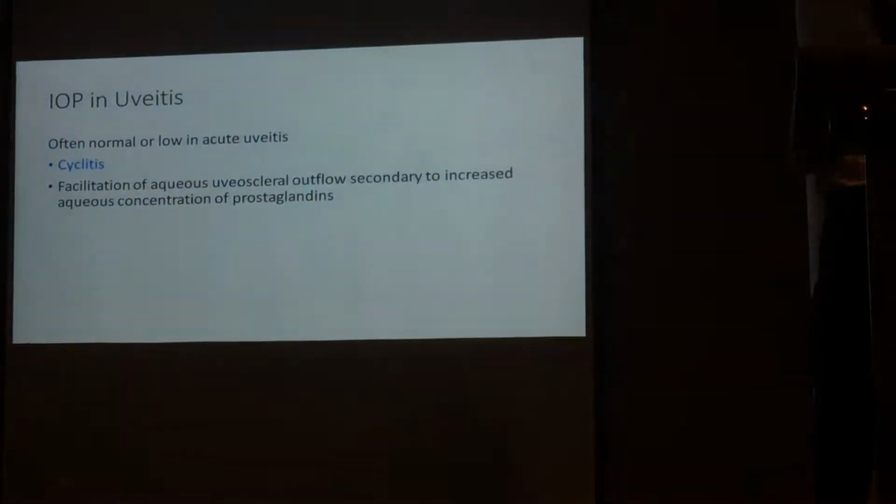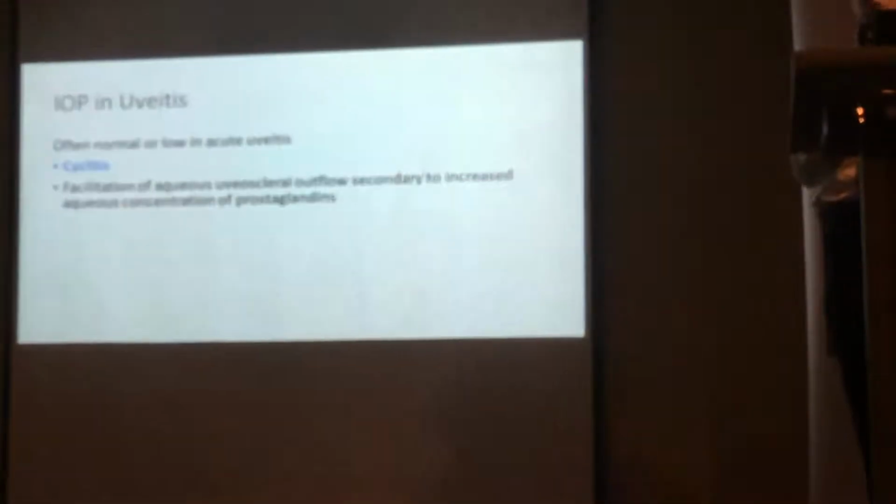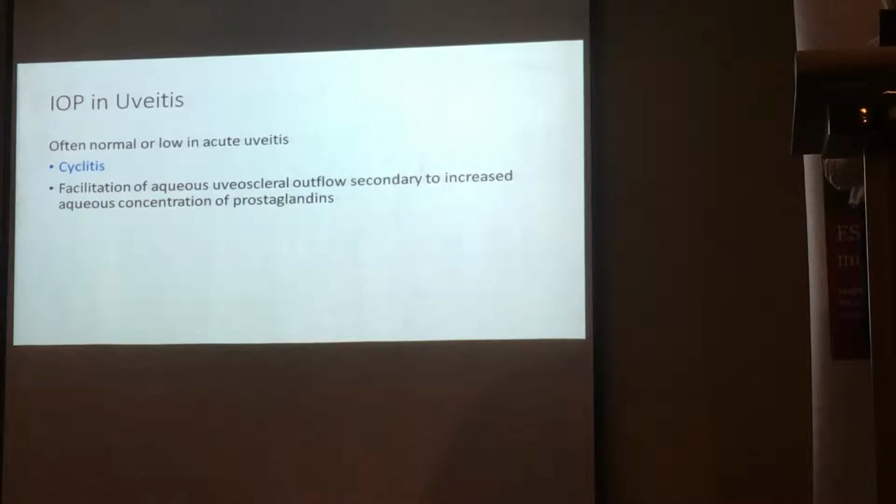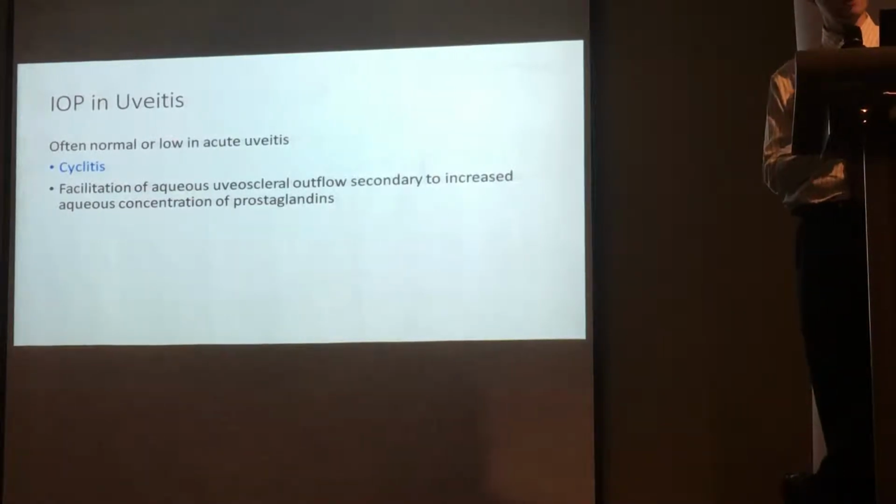In patients with uveitis, the pressure is often normal, and it can even be low in those who have acute uveitis. By low, I mean possibly even single digits, without having a flat anterior chamber. We're talking about formed anterior chambers, but low intraocular pressure.